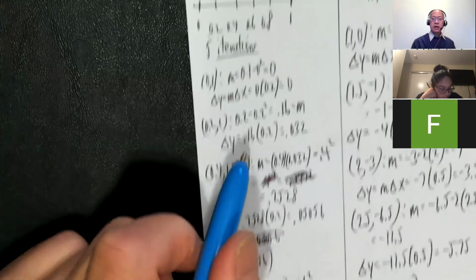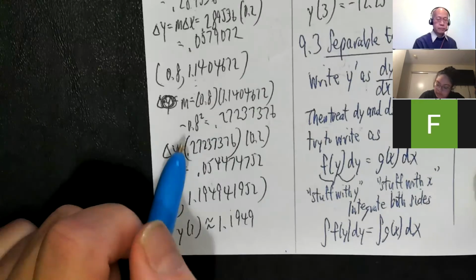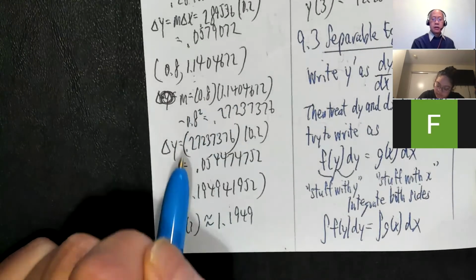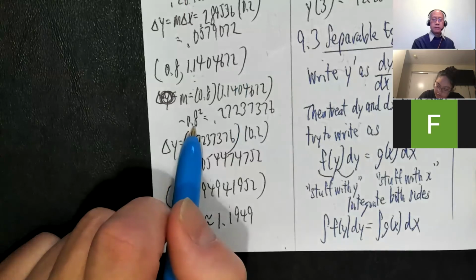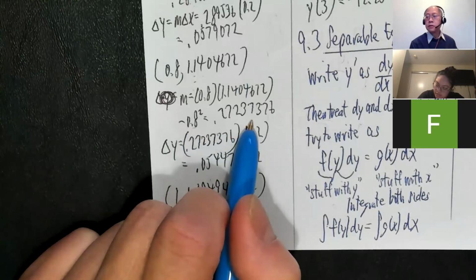M, plug in the differential equation, x times y minus x squared. So that times that minus 0.8 squared. Punch it in the machine, I got 0.27, and so on.